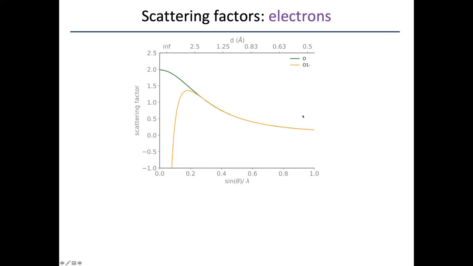And so this is even more complicated than for neutron case, because now the scattering factor can have both positive and negative values. So part of it is negative. Here it will go up to the positive values. And so that means, depending on the resolution range of the data, this will affect the maps.